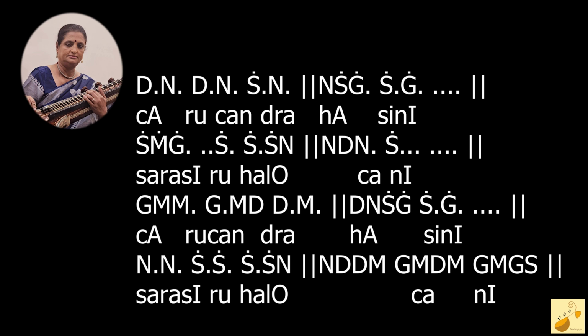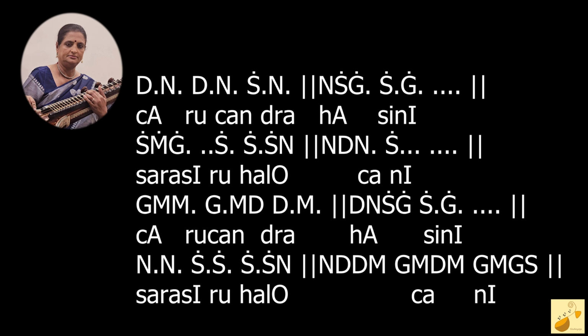Nisaga Saga was Hasini. So how do you play the Charu Chandra Hasini? Dani, Dani, Sani, Nisaga Saga, Charu Chandra. Dani 1 strike, and from Ni back to Da is another strike, that is Charu.